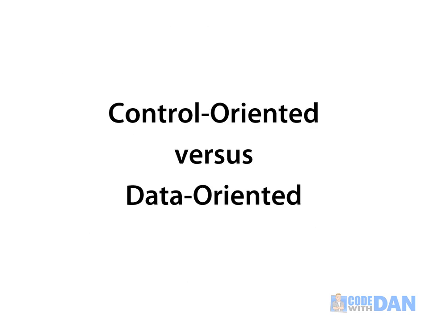Now, this gets us to what I think is the most key point in web development over the last year or two, and that is something I call control-oriented versus data-oriented programming. Most of us over the years have done control-oriented programming. This would be using libraries or vanilla JavaScript to actually write some code to get into a text box, assign the value, and then when they hit a button or lose focus or whatever it is, we then write some code to extract the value out of the text box.